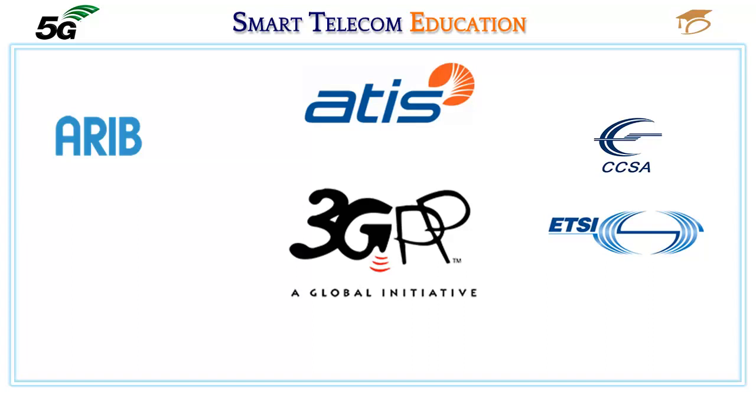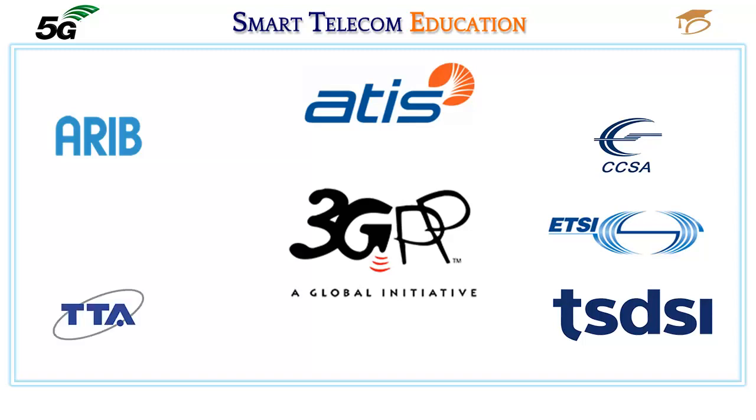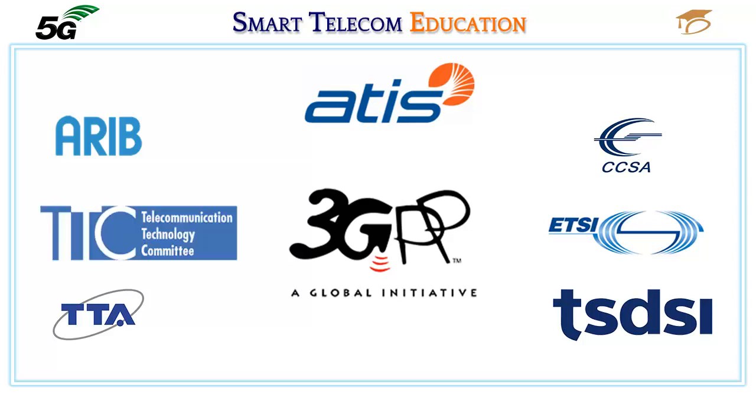ETSI, the European Telecommunications Standards Institute, located in France. TSDSI, Telecommunications Standards Development Society, located in India. TTA, Telecommunications Technology Association, located in Korea. TTC, Telecommunication Technology Committee, located in Japan.